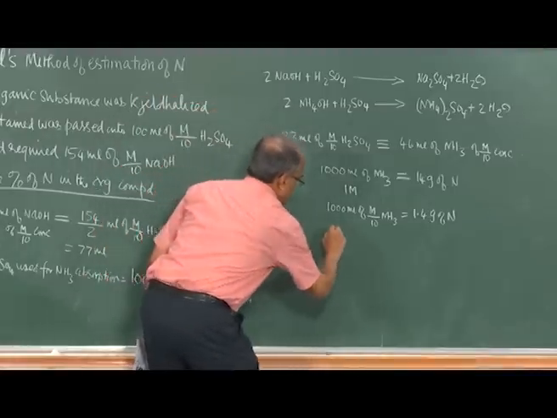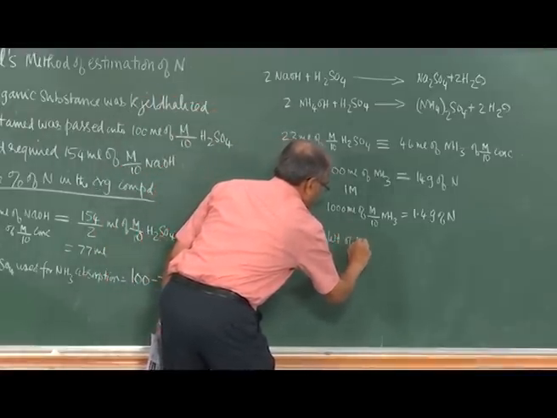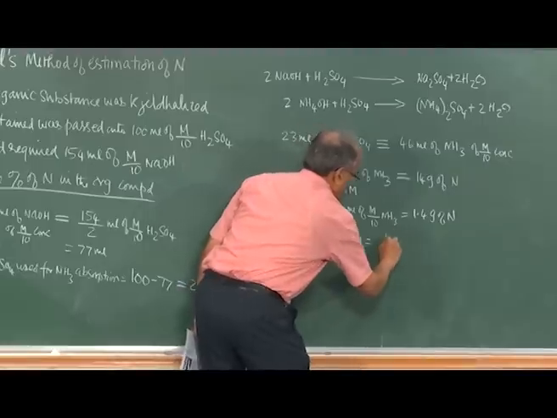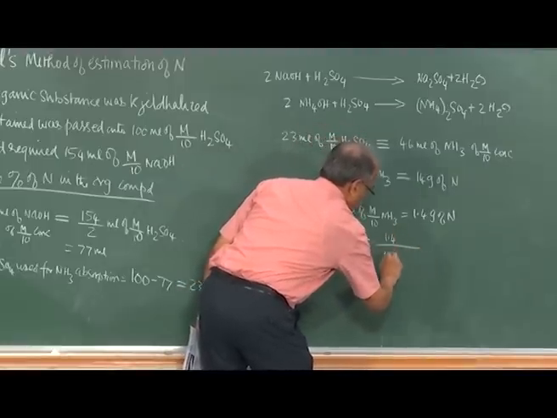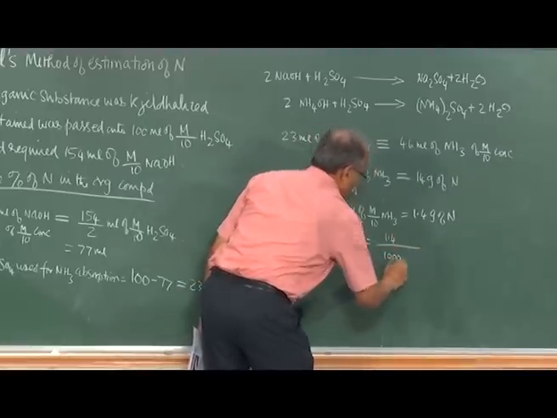Therefore, weight of nitrogen is equal to 1.4 grams in 1000 milliliters of M/10.